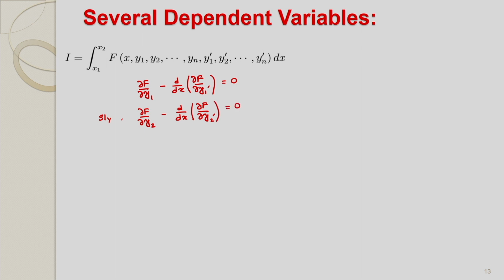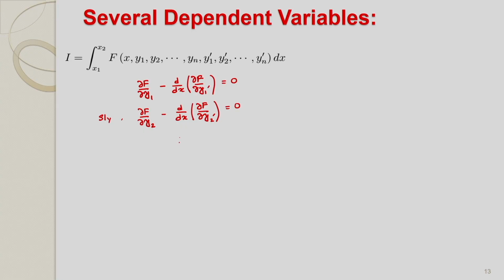In this way, for various choice of delta y1 to delta yn, we have n differential equation.